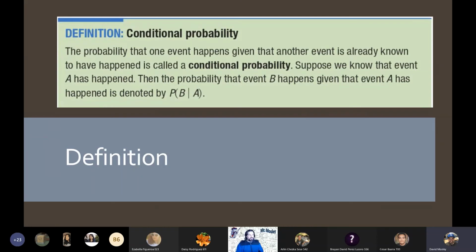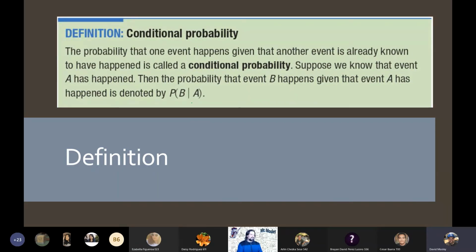This brings us to our official definition of conditional probability. The probability that one event happens, given that another event is already known to have happened, is called a conditional probability. So as we know that event A has happened, then the probability that event B happens, given that event A has happened, is denoted by P of B given A. So this up and down bar here means given, in this context.